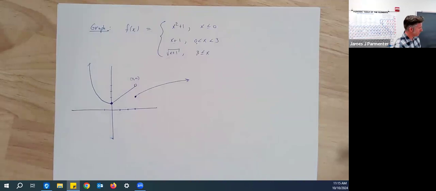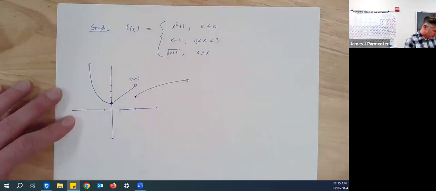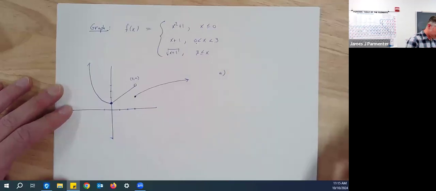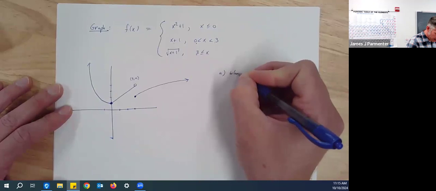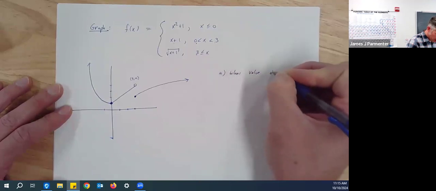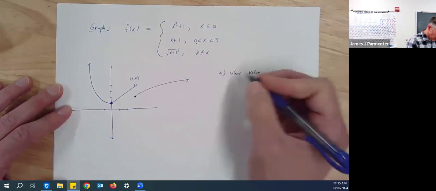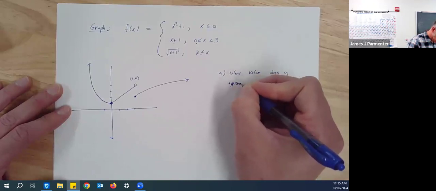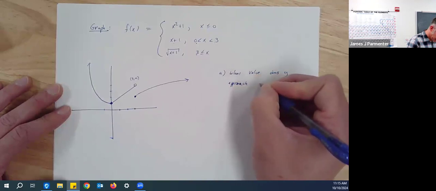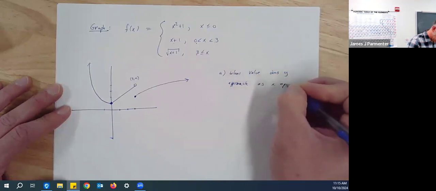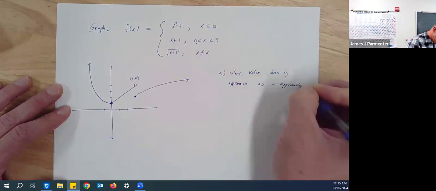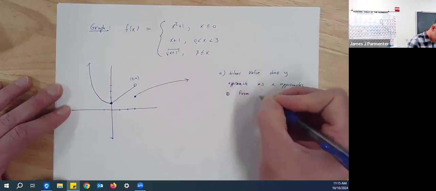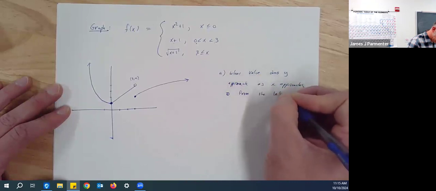Let's talk about some limits. So, question A here. What value does y get closer to or approach as x approaches 0 from the left-hand side or the left side?